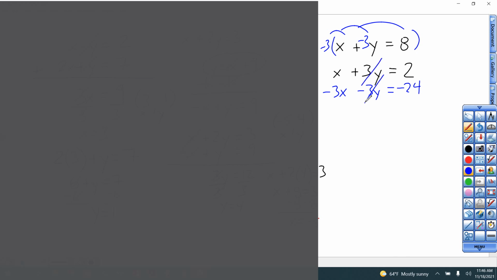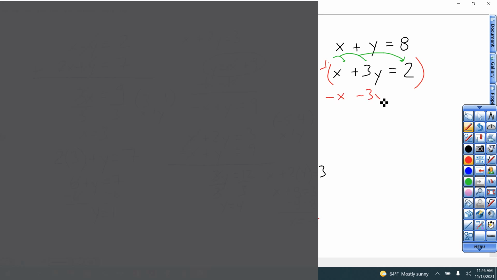My suggestion for this problem is to get rid of the x's. Make one of those x's negative. Pick a row and times that whole row by -1. And I'm talking triple distribute, timesing all three. When I do, that gives me -x minus 3y equals -2.